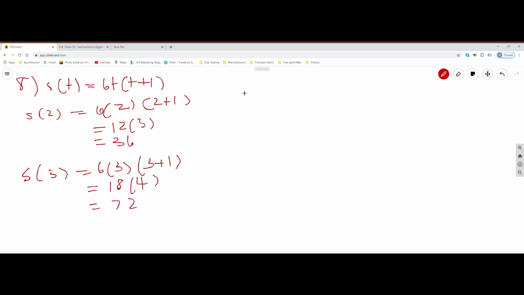So you have average velocity equals 72, which is at 3 seconds, minus 36, over 3 minus 2. You get 36 meters per second.